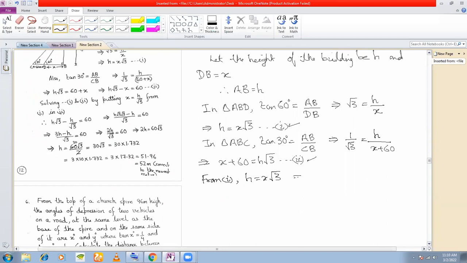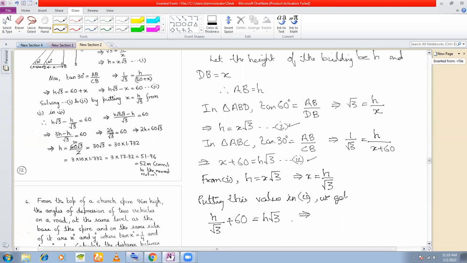That means x is h by root 3. Putting this value into 2, we get h by root 3 plus 60 is equal to h root 3, right?